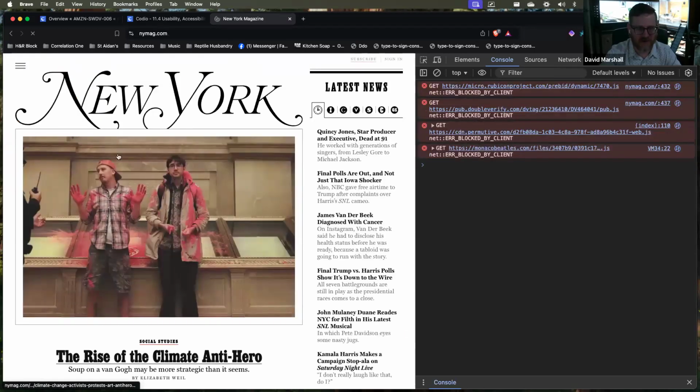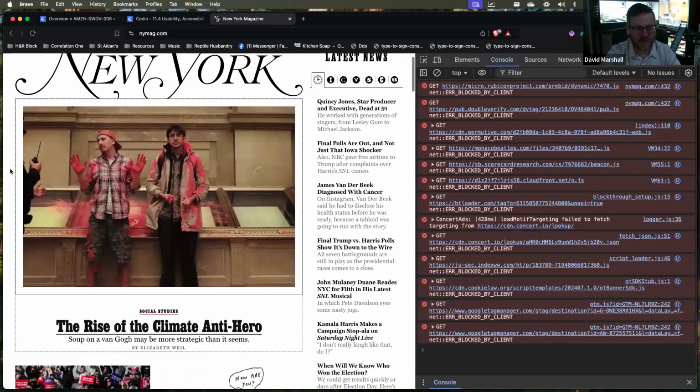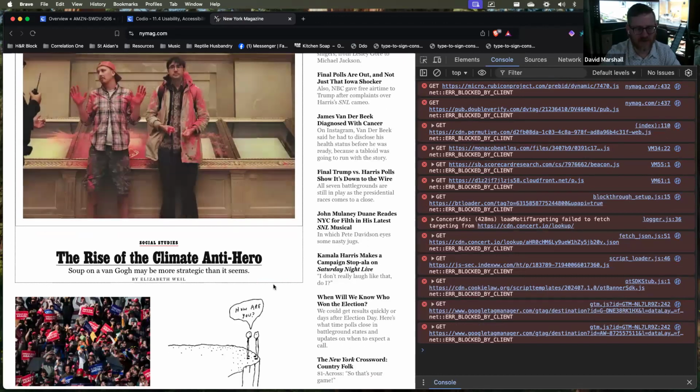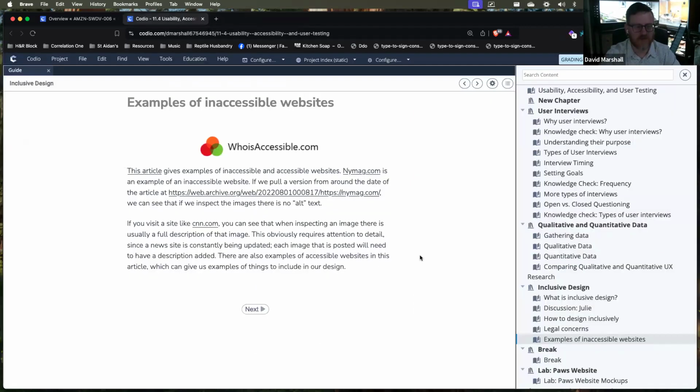New York Mag, apparently same thing, but I have a feeling that this has probably been updated since then. Like this here, you can see it's selected with the tab, but it looks similar to a regular border, right? So that would be the argument of it's not visible enough, or it's not distinctive enough. The point is, this isn't supposed to be like, hey, you're looking at this page, they've got all these issues.